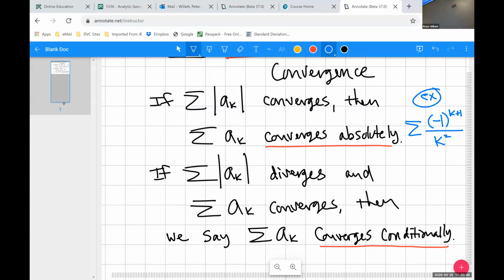That would already converge by the p-series test. So this is a case where if I put absolute values on it, the -1s would just go away and I would get a series that I know converges. So I'm going to say that it converges absolutely.